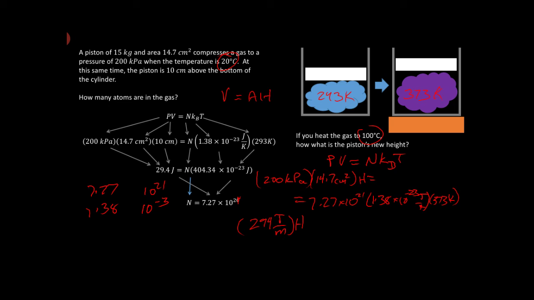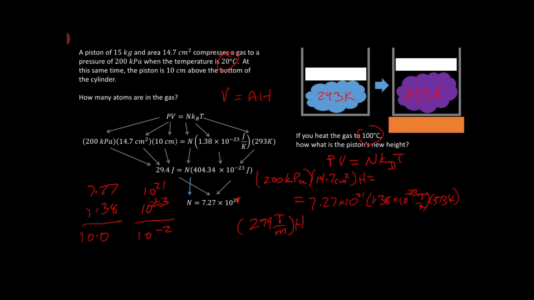So that's 7.27 times 1.38. Okay, so that right now is 10.0, and there's extra stuff after that. So this is 10 to the minus 2.